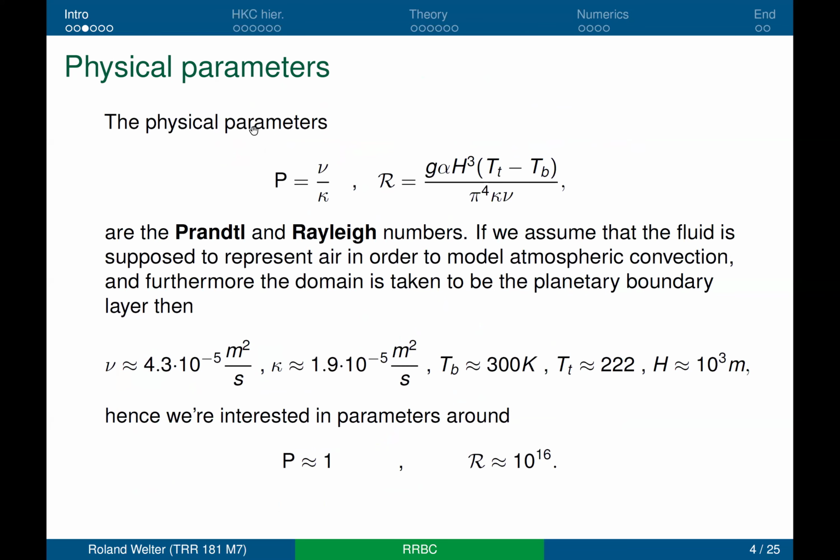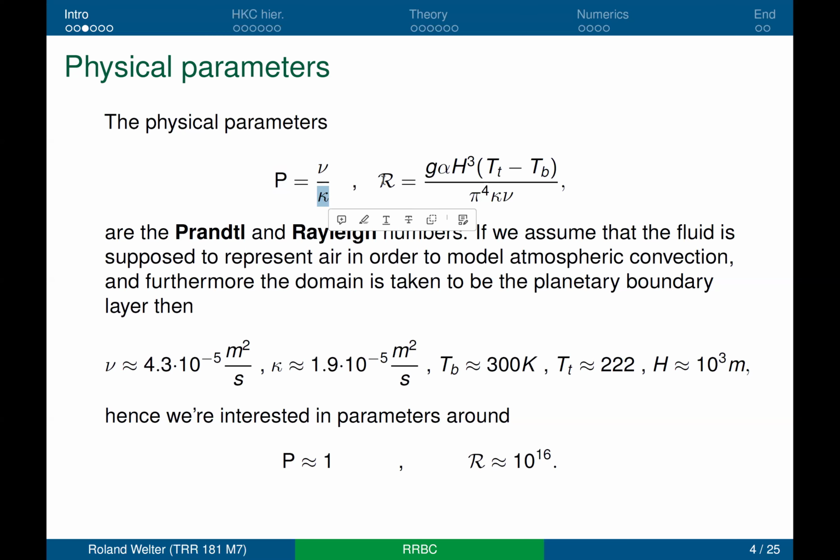In this model, we have a few non-dimensionalized parameters. The first is the Prandtl number, which describes basically what fluid you're looking at; it's the ratio of the viscosity to thermal conductivity.